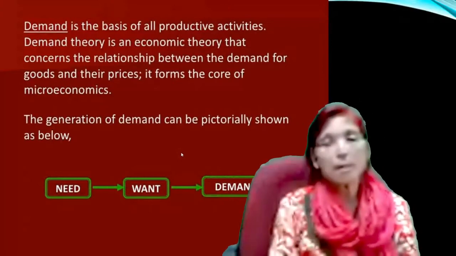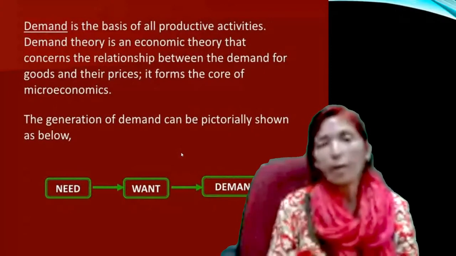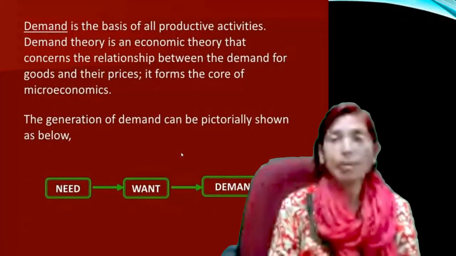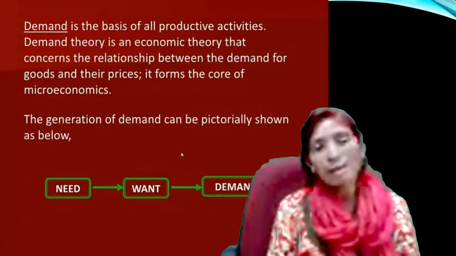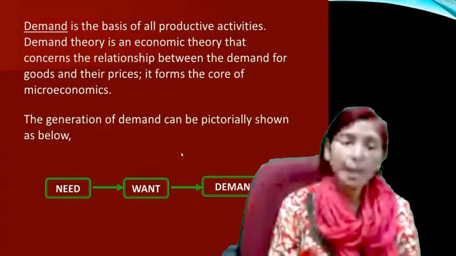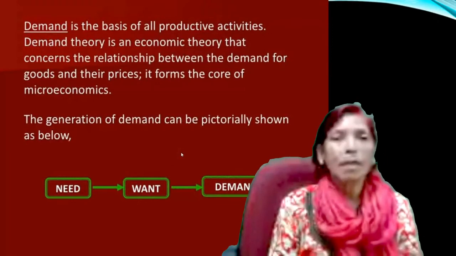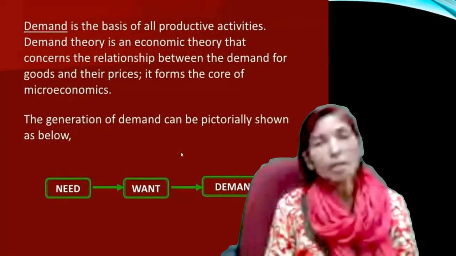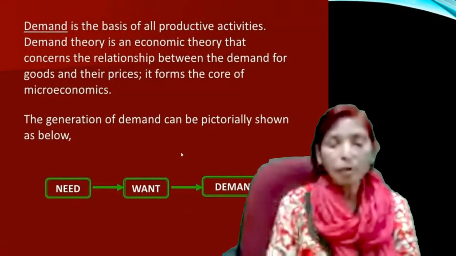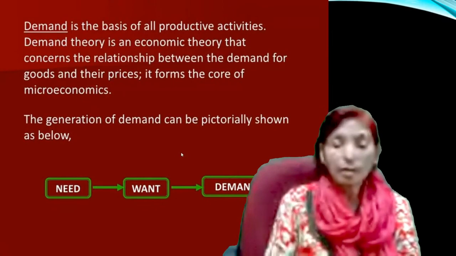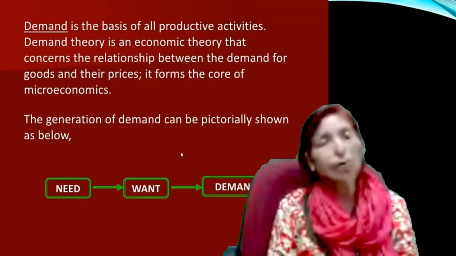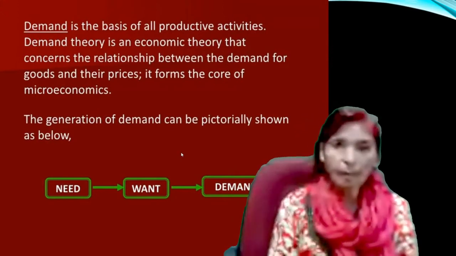If you don't have a desire for any commodity, then demand will not generate. So desire is the main thing for the occurrence of demand. The second thing is that the commodity should also be available in the market which you want to buy. Then demand can be fulfilled.